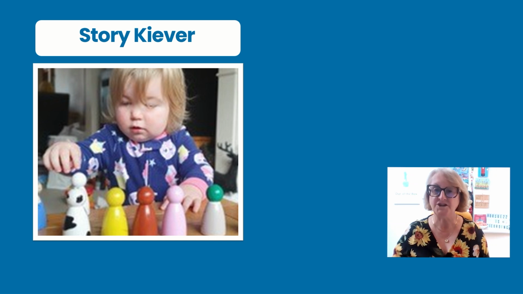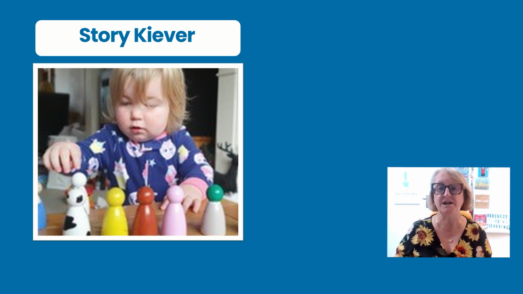Now, potentially early maths, early reading, sorting, organising, fine motor control, all sorts of things. But what have you really noticed? You can't just do an observation to say Kiva lined up the wooden dolls. You'd need to have a wider view of this and see what else is happening with Kiva. Never assume. Children are constantly learning.